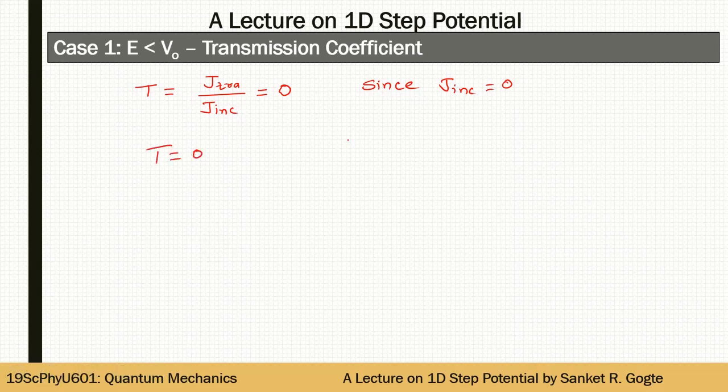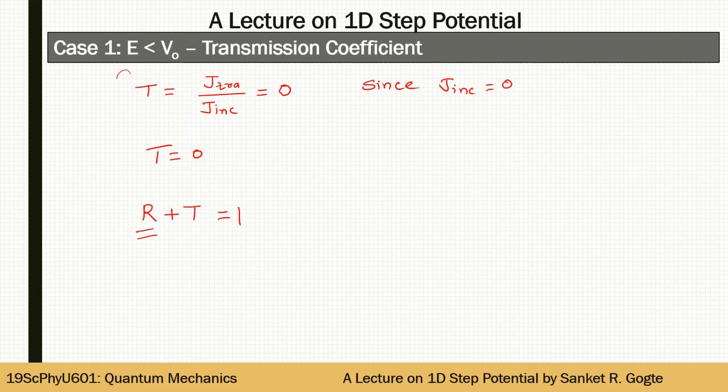Why? Because R is the reflection coefficient, the probability that the particle is reflected, whereas T is the transmission coefficient, the probability that the particle is transmitted. And since these are the only two possibilities, the particle when incident on the boundary will either transmit or reflect. Therefore, probability should add up to 1. So if R is already 1, T should be equal to 0.